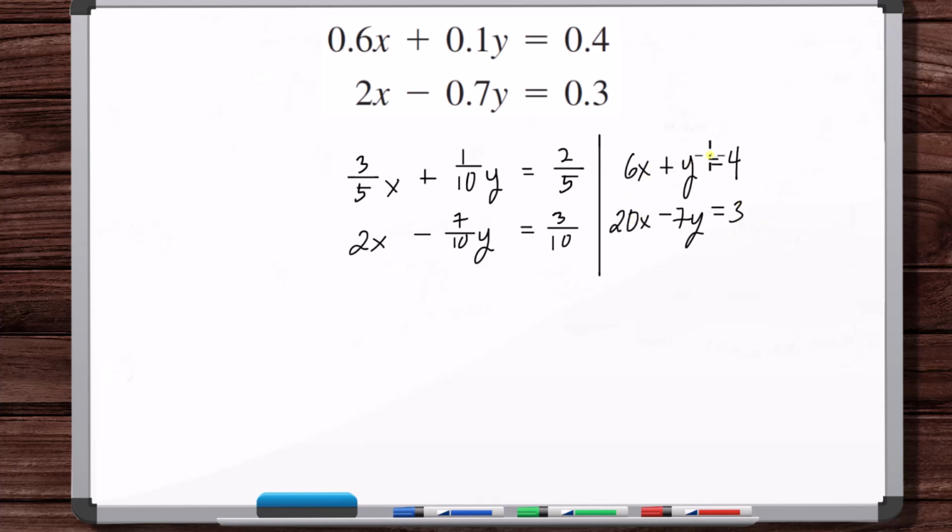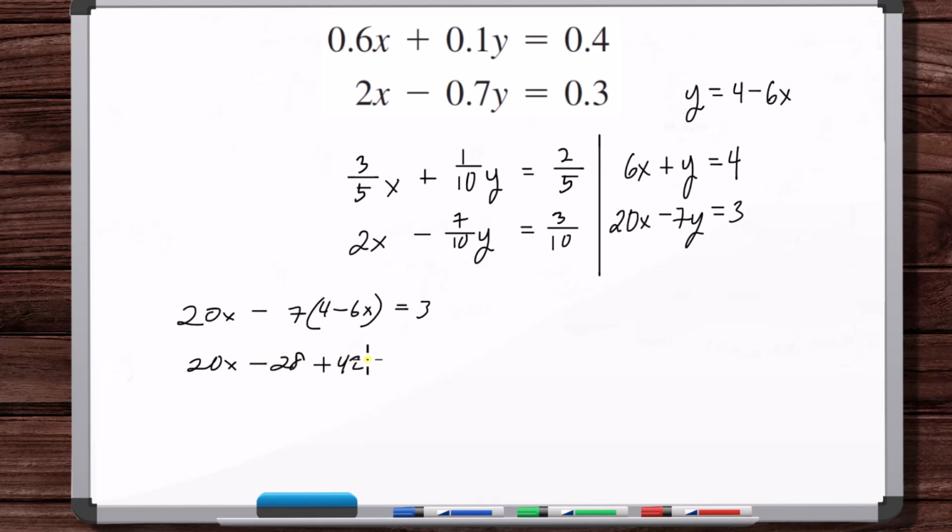Okay, and so now let's use the substitution method. So we've got y is equal to 4 minus 6x. Okay, now let's substitute that into the second equation. So 20x minus 7 times (4 minus 6x) is equal to 3. So 20x minus 28 plus 42x is equal to 3.